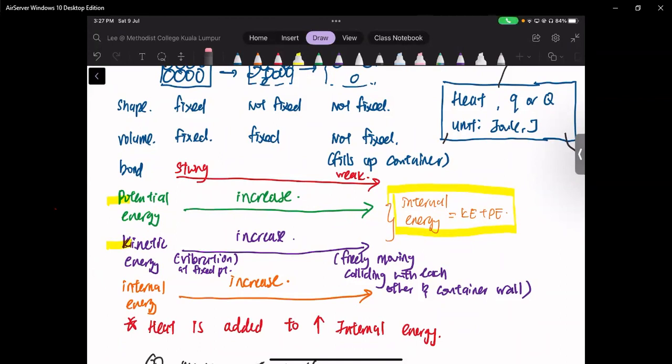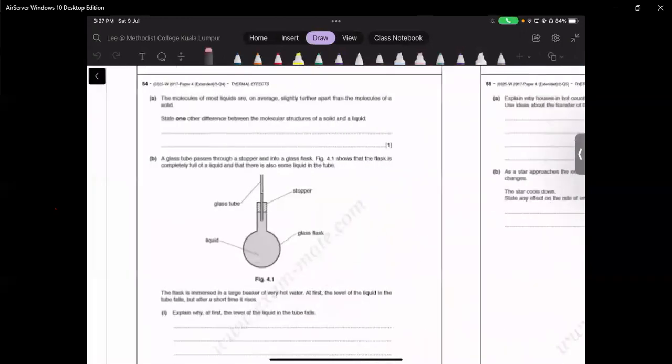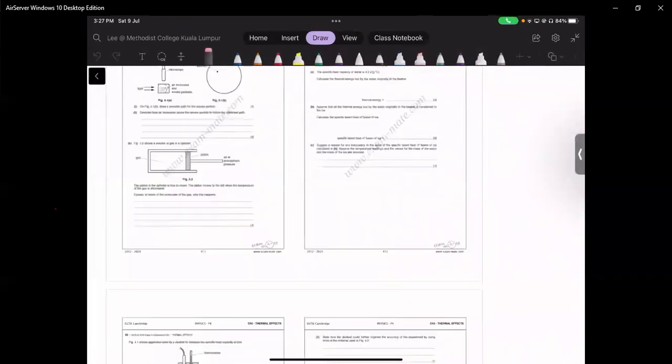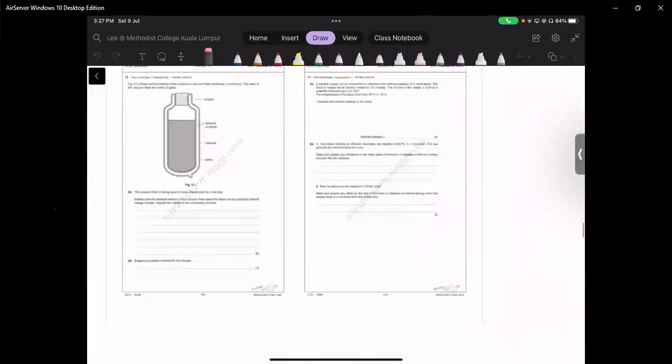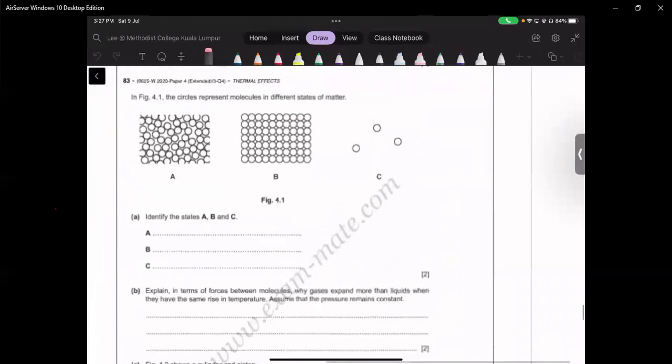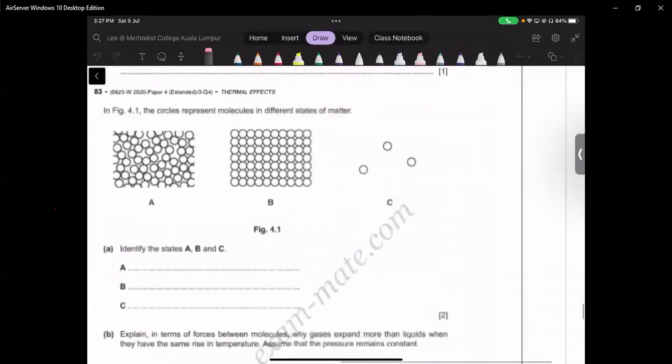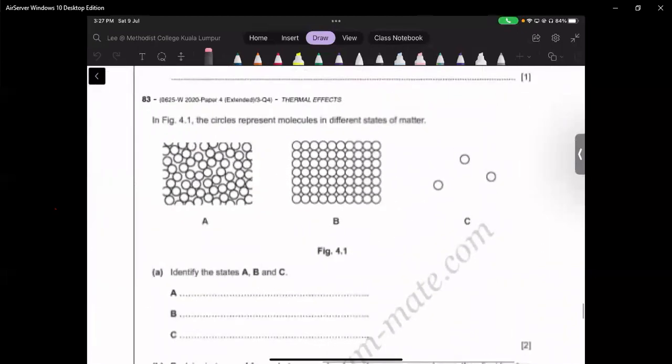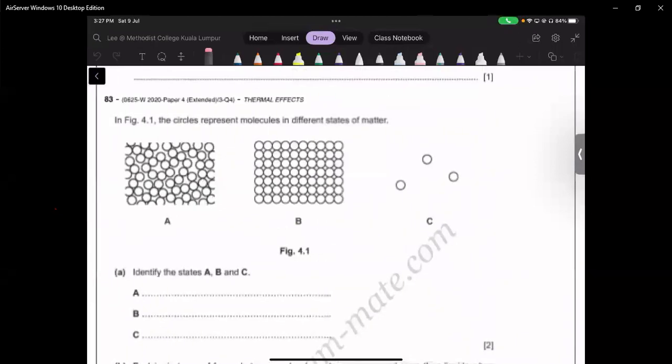All right. We're going to look at the question that I asked you to try, which is page 4. Okay, this one. The circles represent molecules in different states of matter.